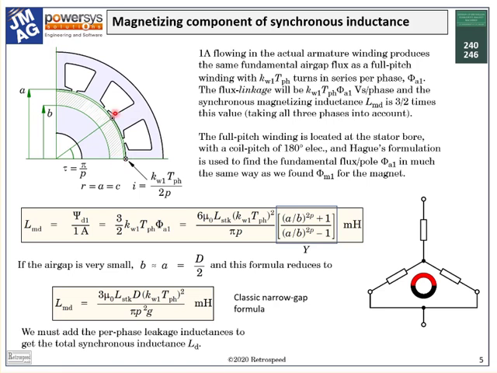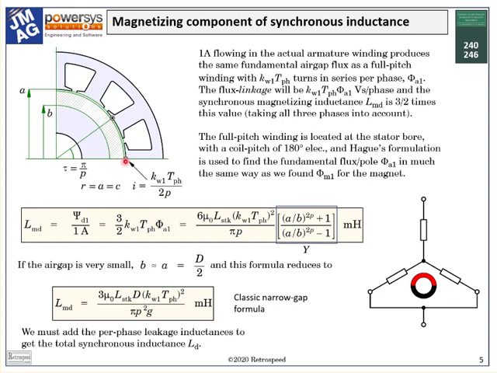We can see these filaments, and we can use the very definition of the winding factor, which tells us that the fundamental flux produced by the actual winding is equal to the fundamental flux produced by the concentrated coil multiplied by the winding factor. The way we use this is to assign the current KW1 T phase divided by 2p amperes in each coil side filament.